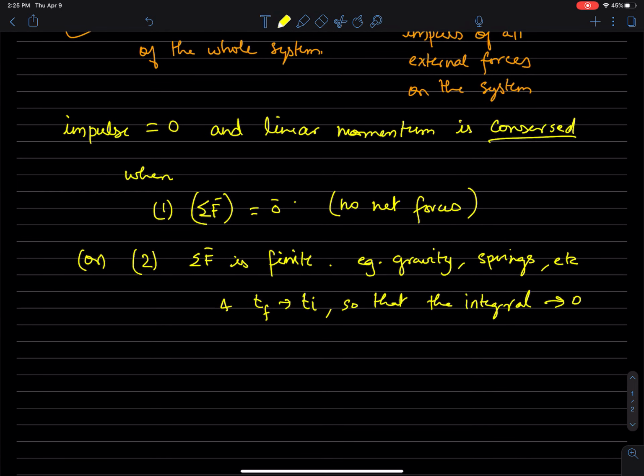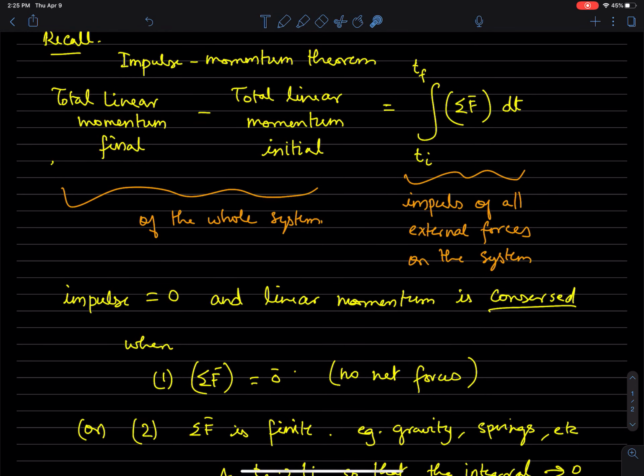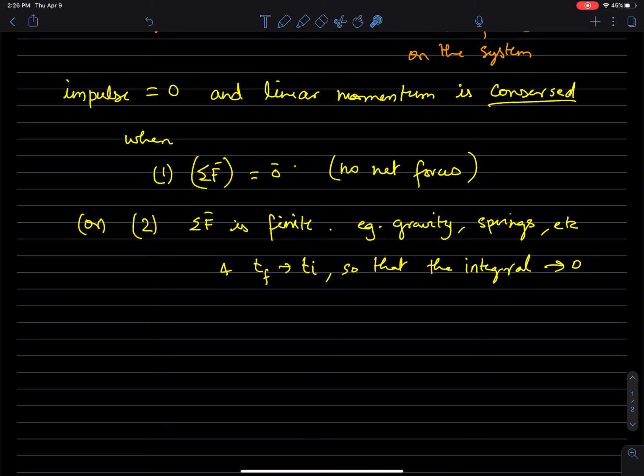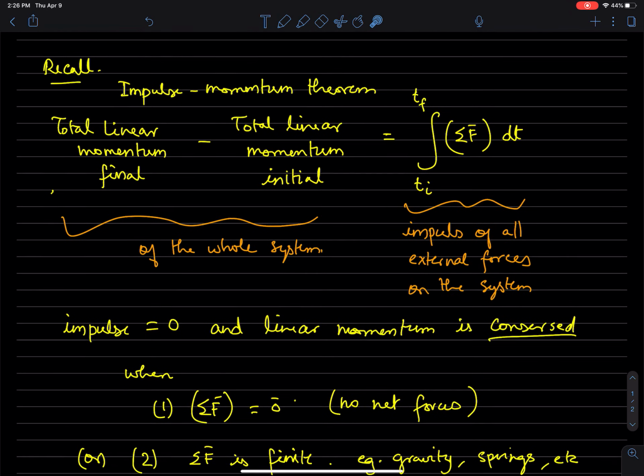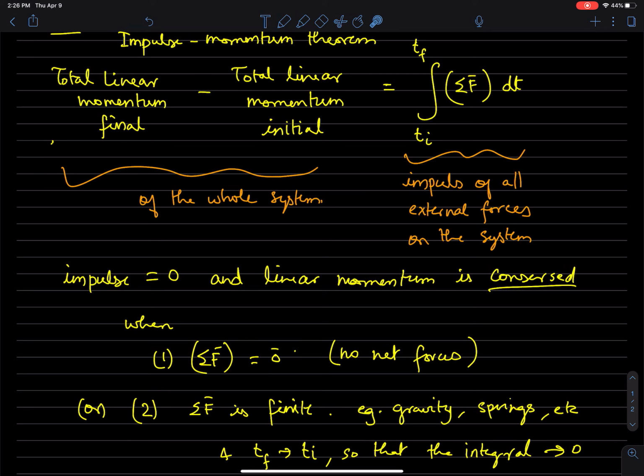The integral of a finite quantity over a short duration goes to 0 as the duration goes to 0. So these are the two cases in which the total impulse is going to be 0, and then in those cases linear momentum is conserved.